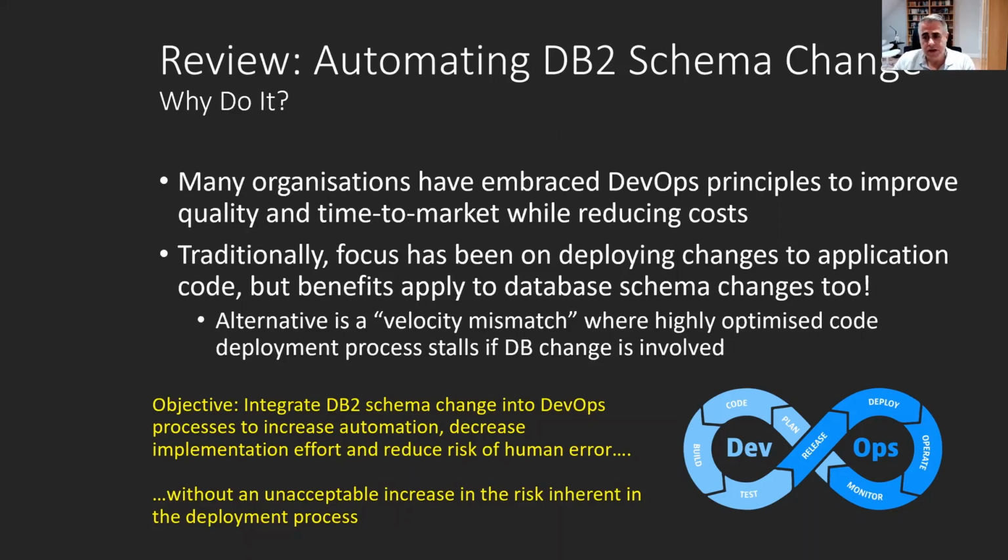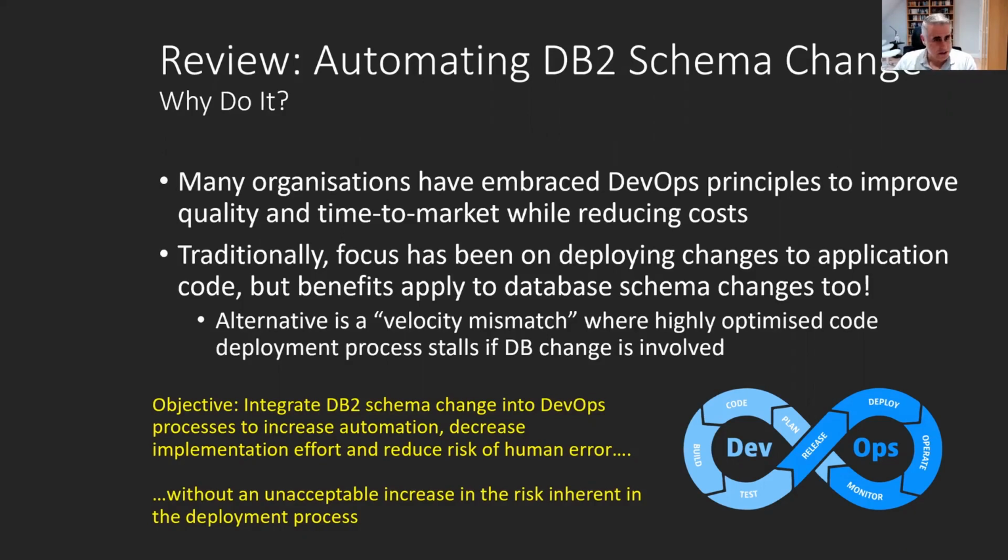So one of the huge benefits of DB2 and mainframes in general is it's seen as a very robust environment. We've got some very good processes that have sometimes built up over many decades to ensure that we can deliver change into production in a very controlled way to make sure that we maintain application availability. And the last thing we want to do by increasing these cycle times and making the organization a bit more agile is to increase risk and application instability.